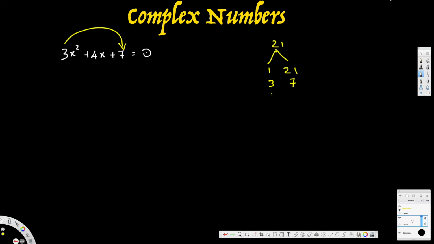Negative 3 plus 7 gives us 4, but it's not going to give us positive 21, because we would get negative 21 when we multiply. It has to be negative 7 or negative 3 to get positive 21 and also 4, which is not possible. So since we are not getting any numbers that add up to 4, this is not a perfect square.